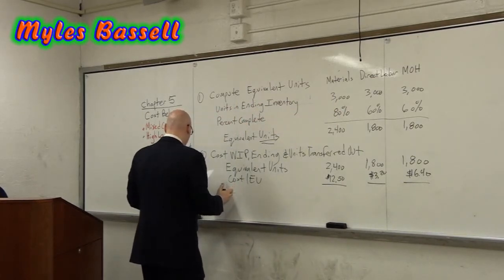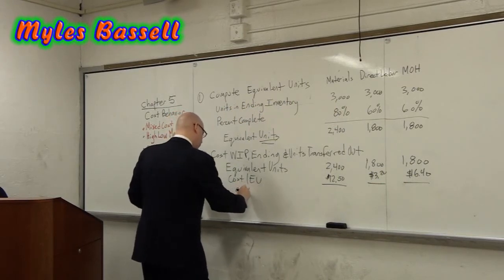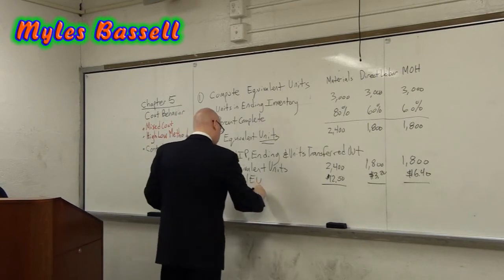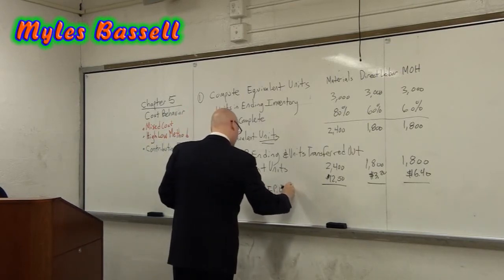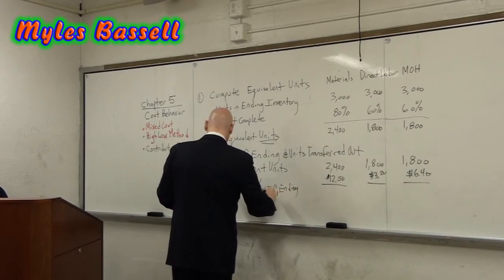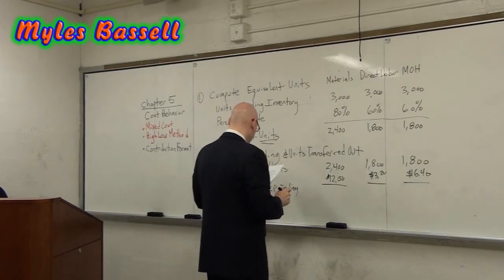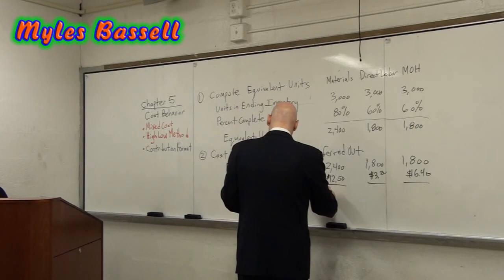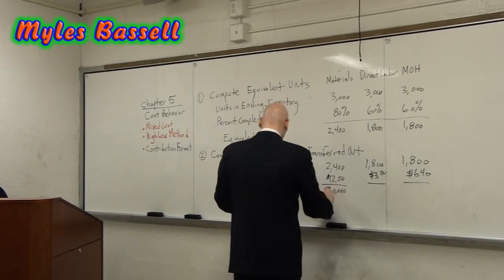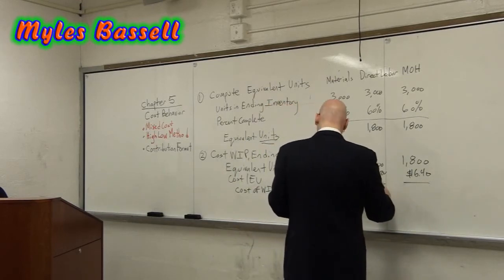All right, so the cost of ending work in process is 5,760.